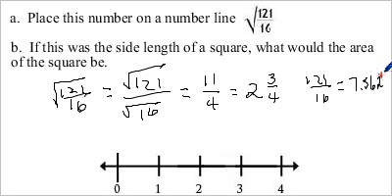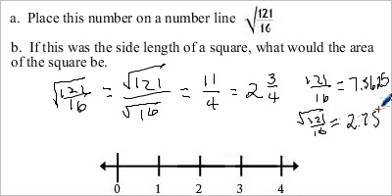If you take the square root of that number, the square root of 121 over 16, you end up with 2.75. So you can either find the square root of the numerator and the square root of the denominator separately, or you can do the division first, 121 divided by 16, and then find the square root.